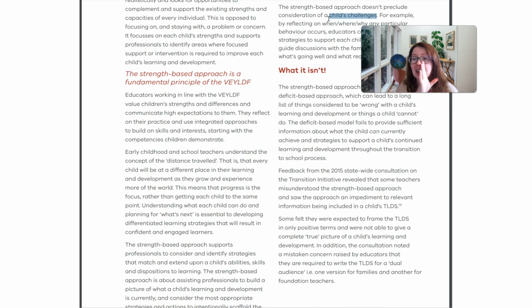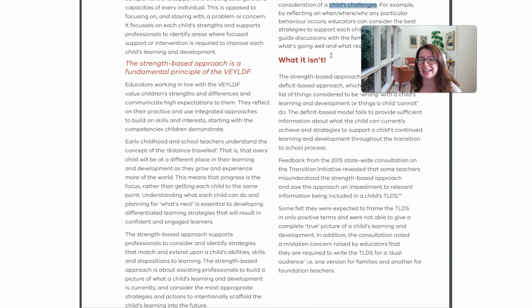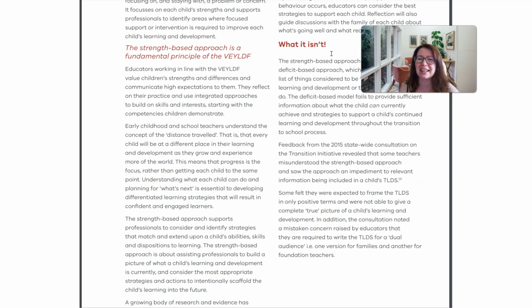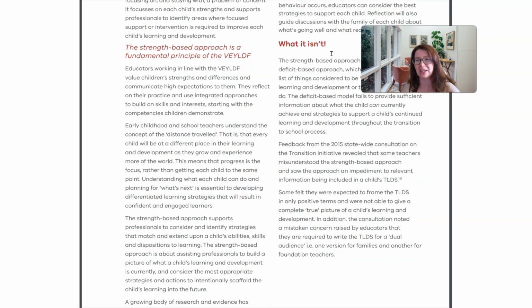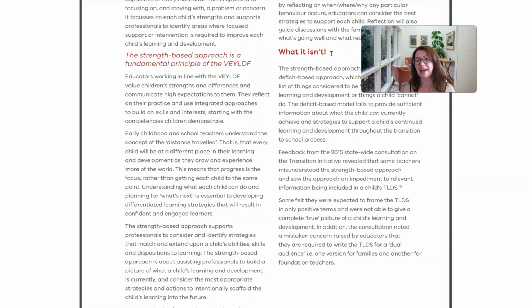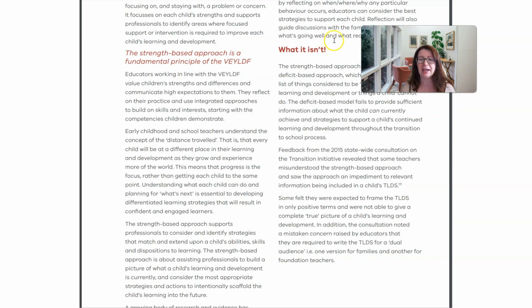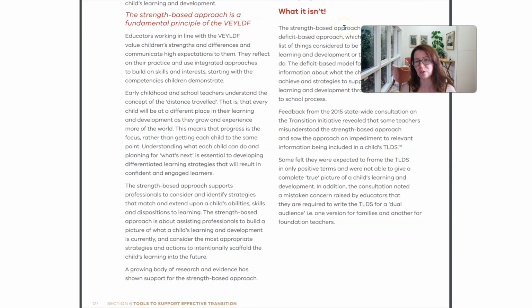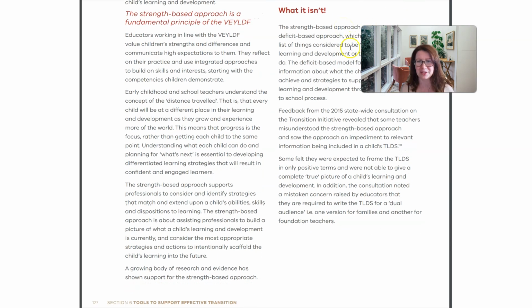I'm translating academic language into simple language for you, and I'm going to continue doing that. So for example, by reflecting on when and where and why any particular behavior occurs, educators can consider the best strategies to support each child. So if our child bites, sometimes we need to consider when, where, and why it happens. And of course, it all goes back to reflection, which is an important part of our role as well.